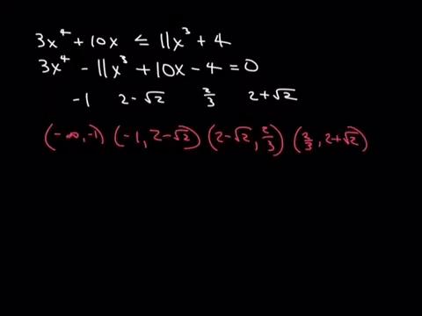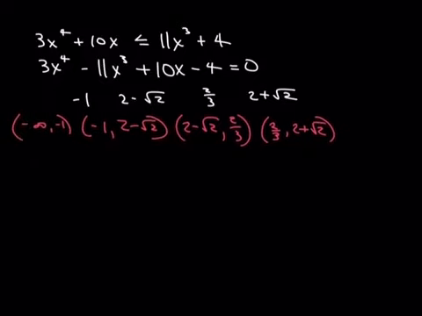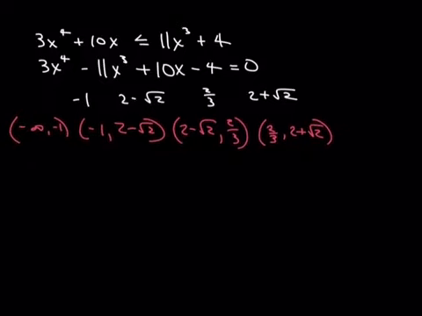Running out of room. Let's see if I can move this. There we go. And lastly, 2 plus square root of 2 to positive infinity. So I've got 5 different intervals.